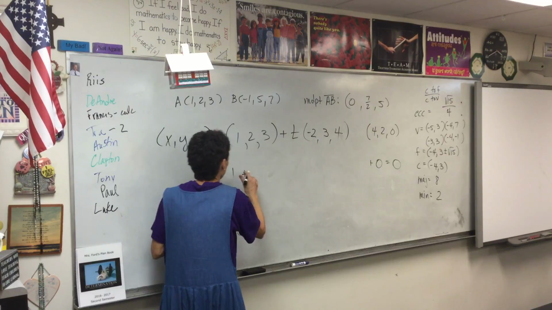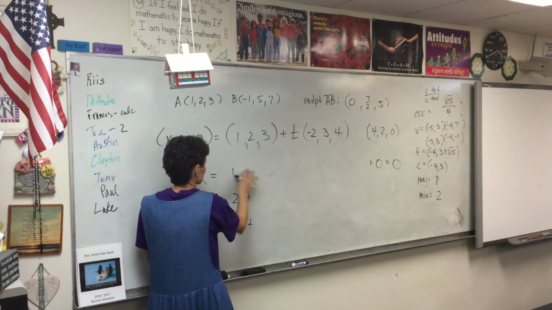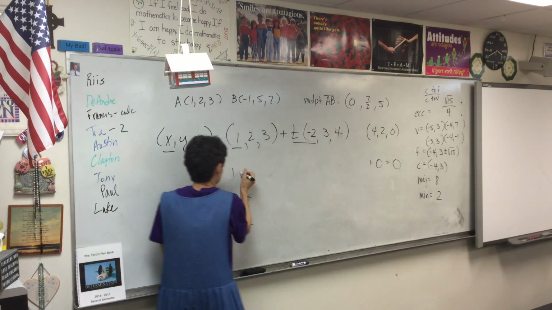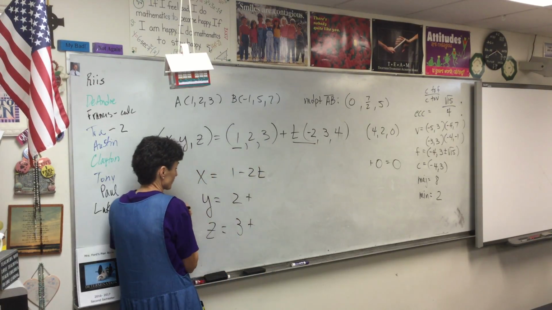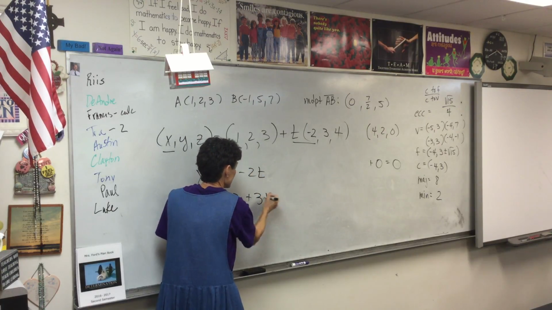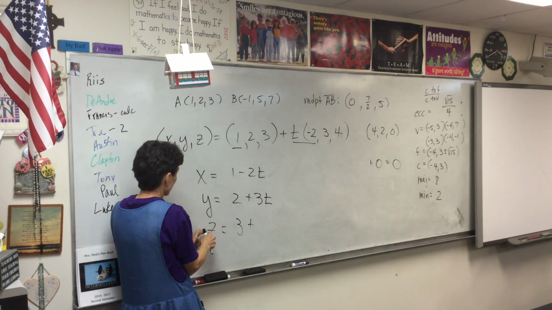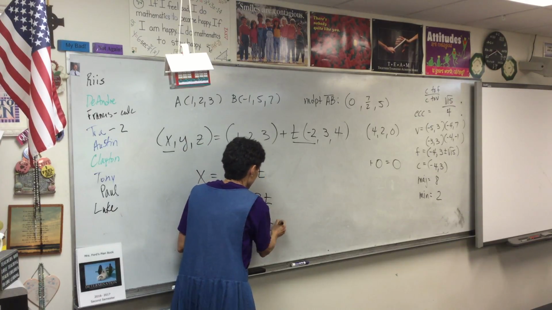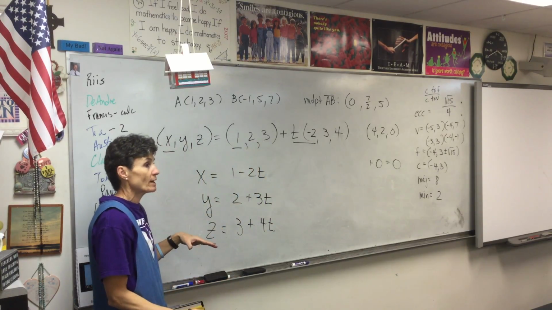So now I can finish. X is 1 minus 2t. Y is 2 plus 3t. See what I'm doing? And Z is 3 plus 4t. There are your parametric equations.